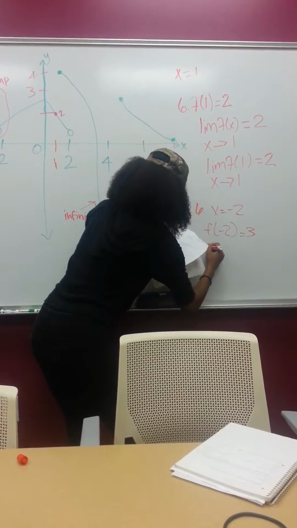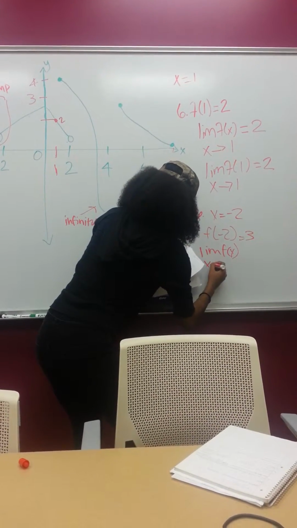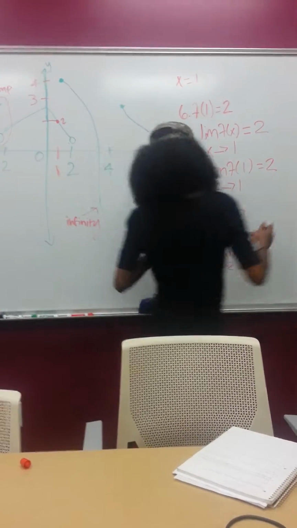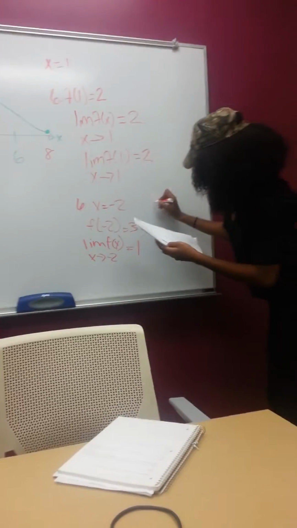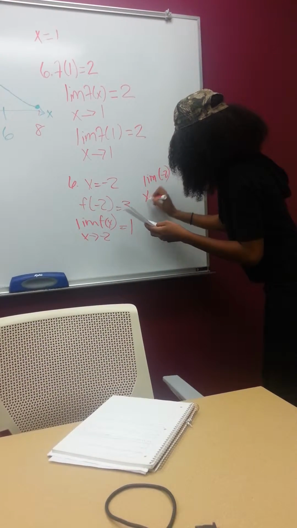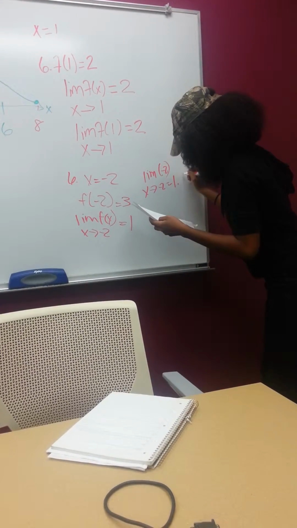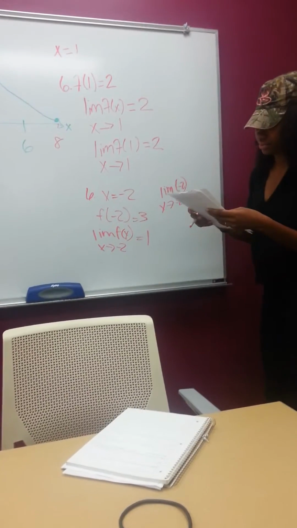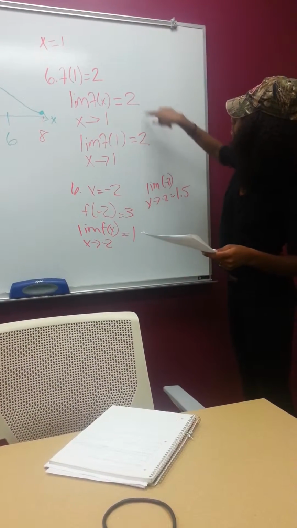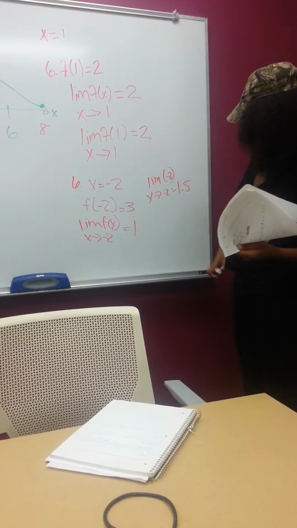And then you do the limit of f of x when x approaches -2, which will equal 1. And then the last part, you do the limit of f of x as x approaches -2. This would be 1.5. And so, since they're all different, unlike the previous one where they're all the same, this one's continuous and this one's not, because all the numbers are different.